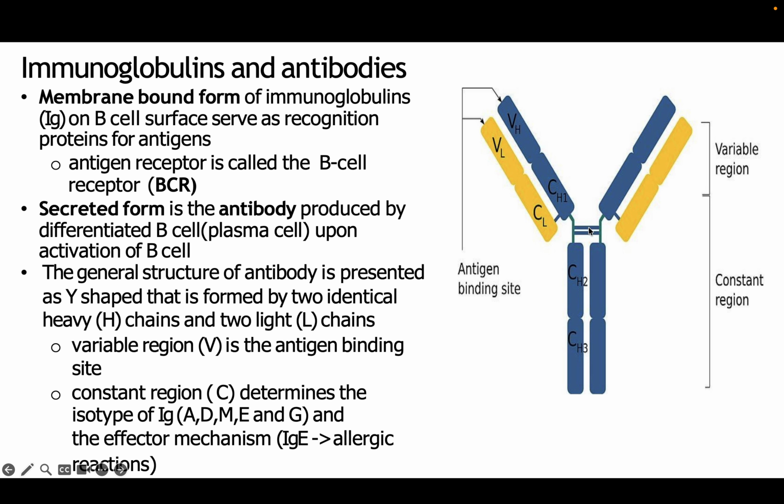So if you have IgG antibodies, the IgG heavy chain is all the same. What differs between antibodies that are IgG is the variable regions, hence the name. So it's the constant heavy chain that determines the isotype, either IgA, D, M, E, or G. I will talk about all the different types that exist.